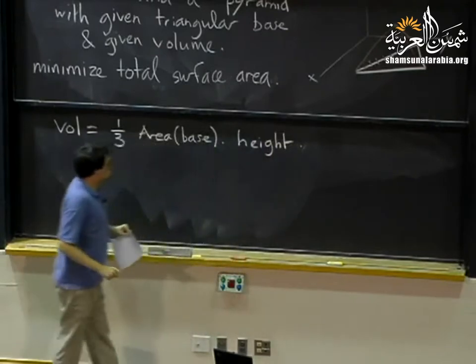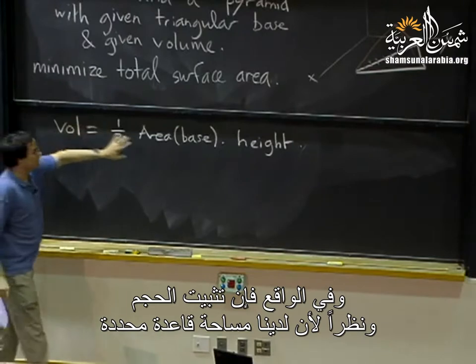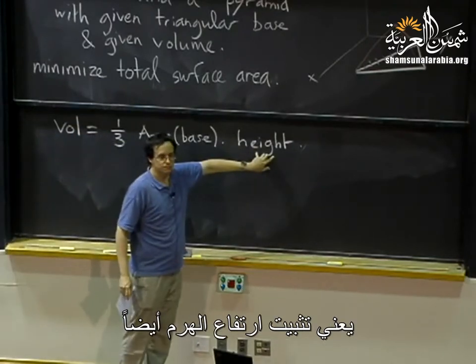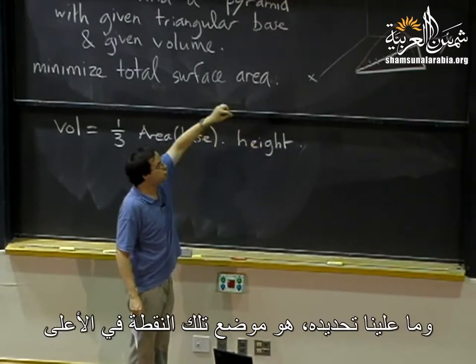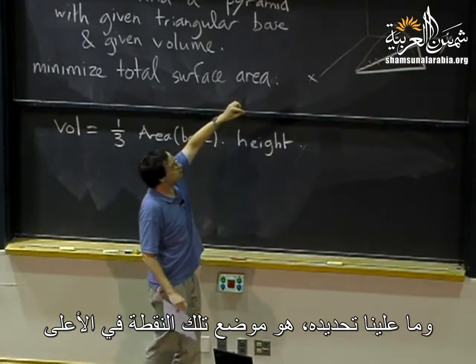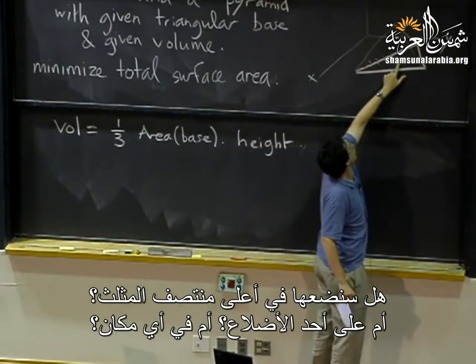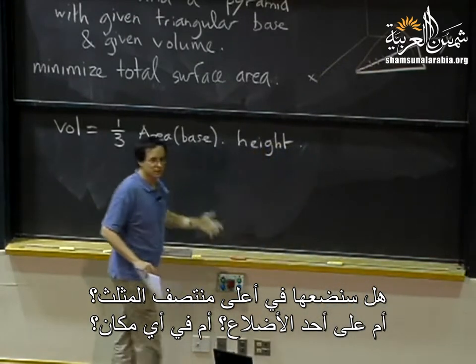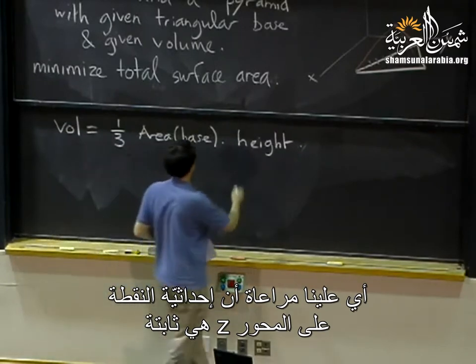So, in fact, fixing the volume, knowing that we have fixed the area of the base, means that we're fixing the height of the pyramid. So the height is completely fixed. What we have to choose just is where do we put that top point? Do we put it smack in the middle of the triangle, or to a side, or even anywhere we want? But its z coordinate is fixed.